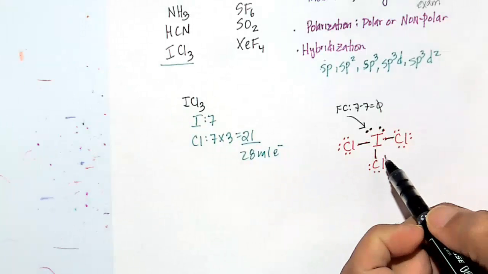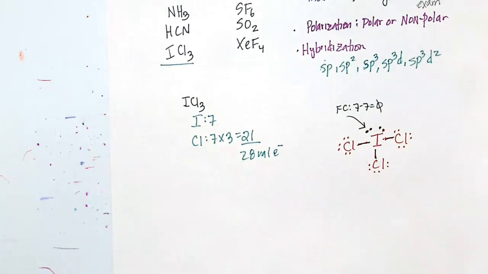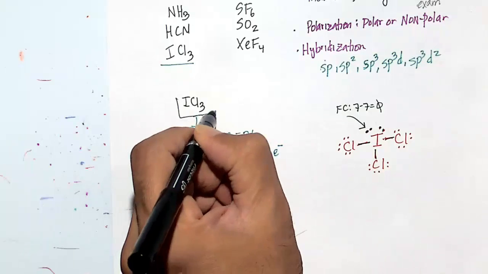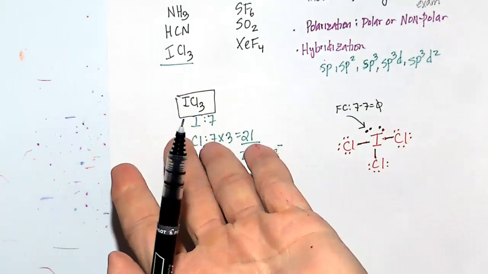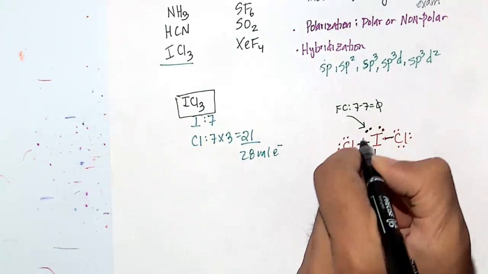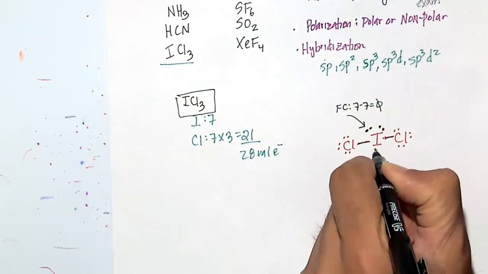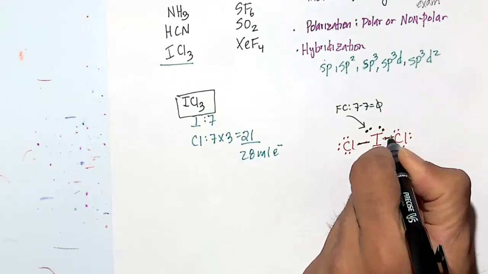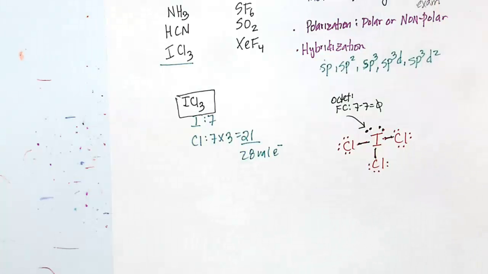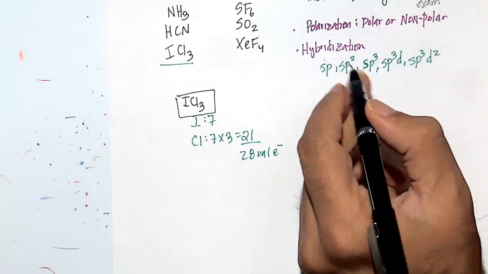You'll see if you start putting double bonds, the formal charge will mess up. So you construct this so that you don't get formal charges, because the problem I'm giving you does not have a formal charge. The octet rule for this iodine: 1, 2, 3, 4, 5, 6, 7, 8, 9, 10. 10. That's okay. We call that an expanded octet.